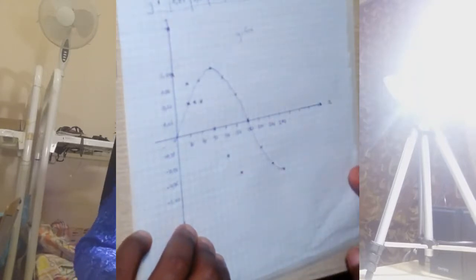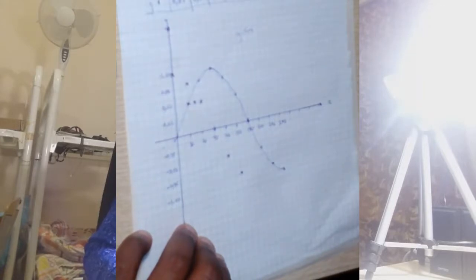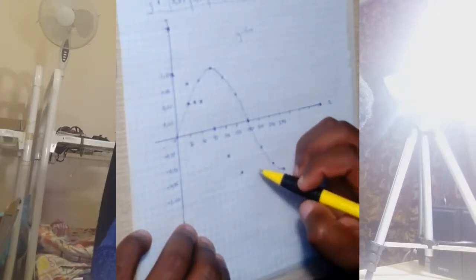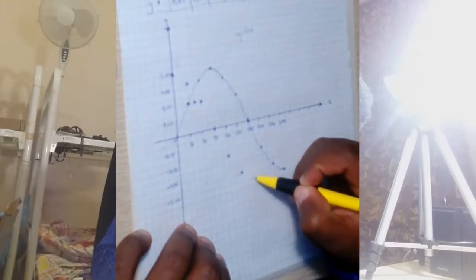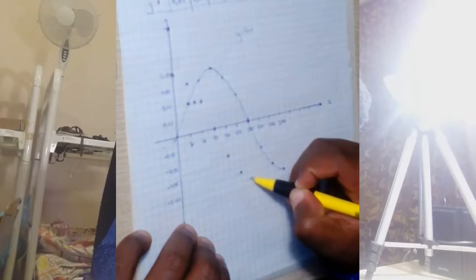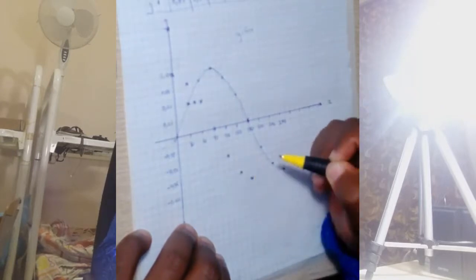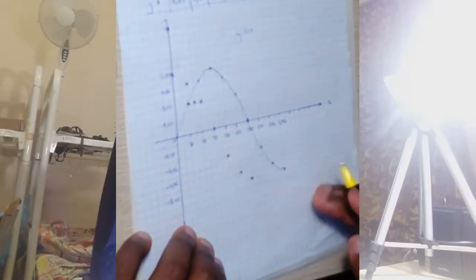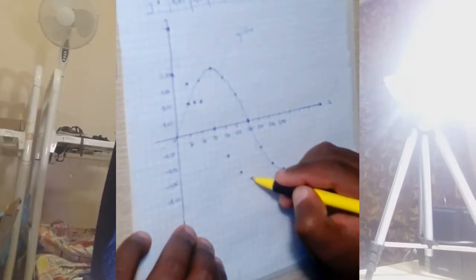And x equal to 180, we have a negative 1. So this is the point, negative 1, that's the value of y, and the value of x at this point is 180.